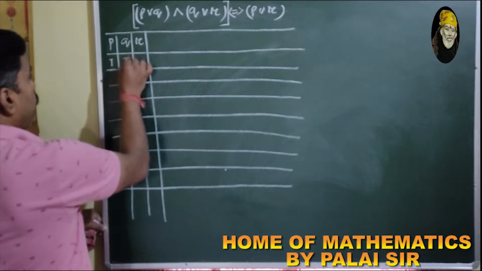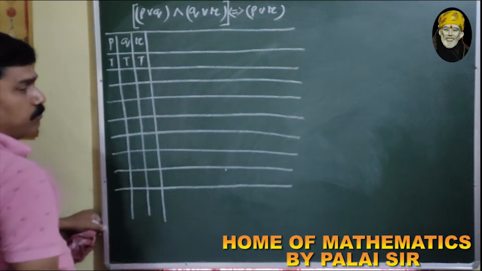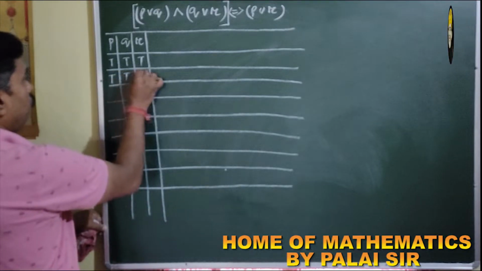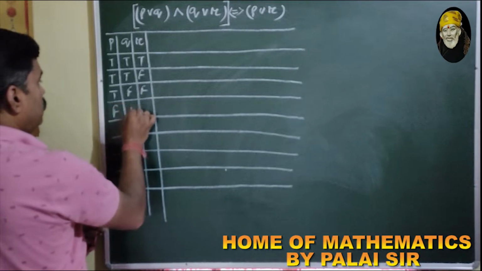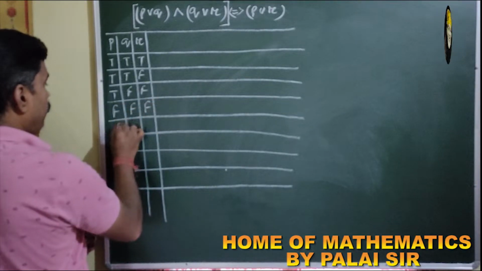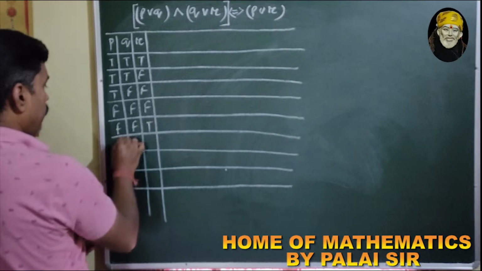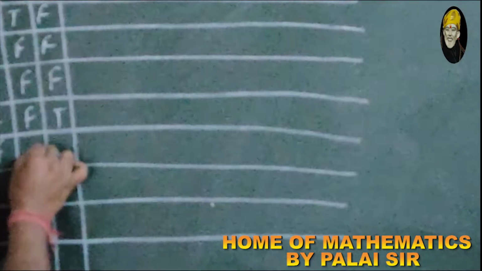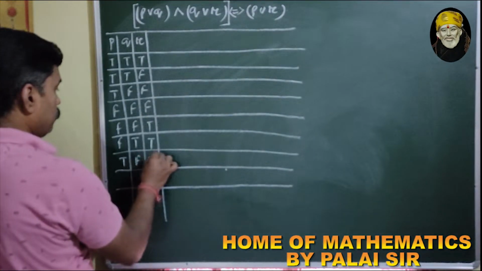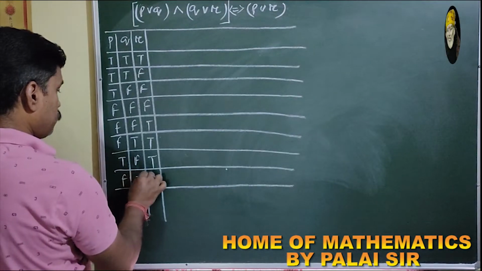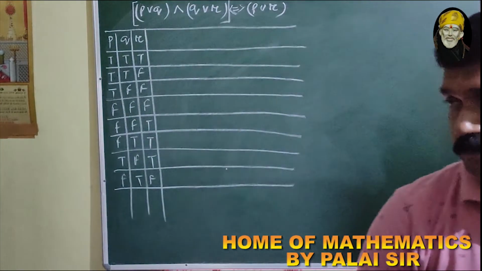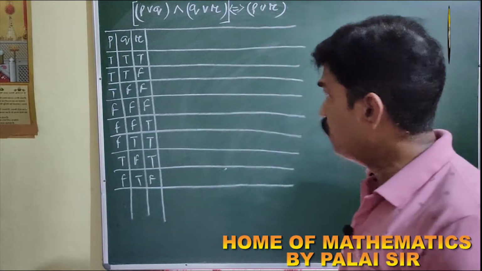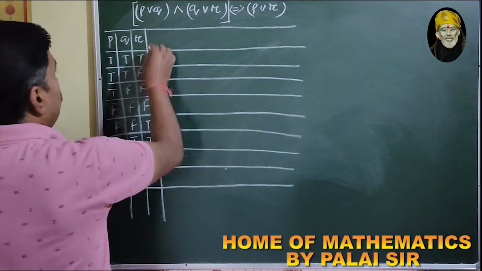Either you are getting all the three are true, you write the 8 possible values, or here it is true, true, false, or true, false, false, or you will get false, false, false, or you will find false, false, true, or you will get false, true, true, or you will get true, false, true, or you will find false, true, false. These are the 8 possible values that you are getting here. Clear?